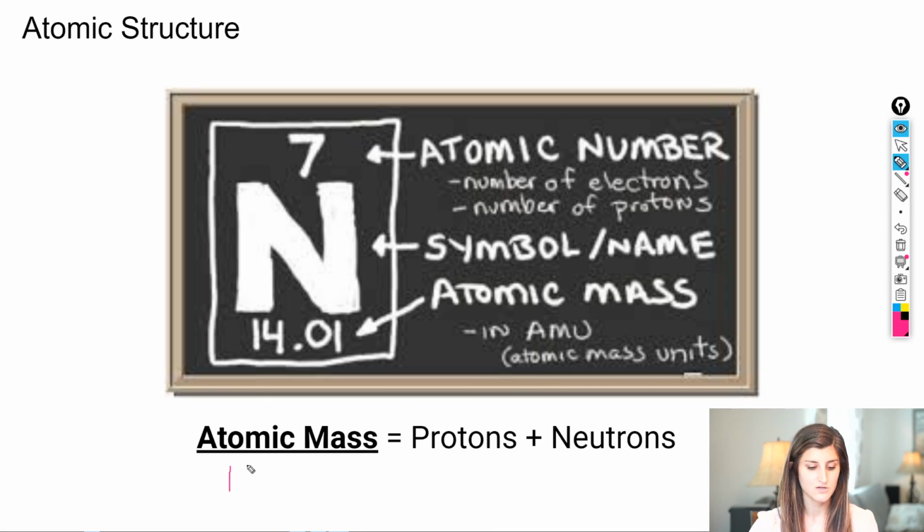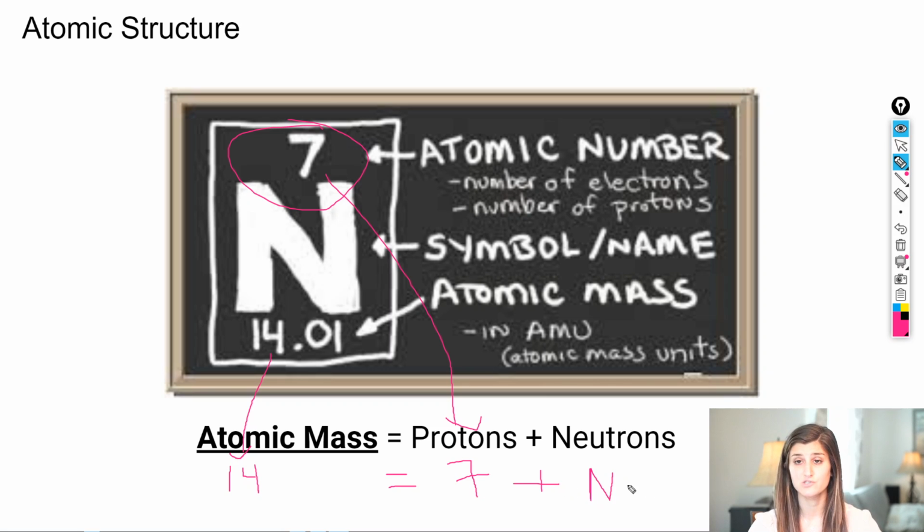The way you can do it is you take 14, which is my atomic mass, so I just brought that down here. That's the total atomic mass. Remember, it's equal to the number of protons. We know the number of protons is 7, right? So here we have 7 plus neutrons. Do we know the number of neutrons? It doesn't necessarily tell us in there, so we could just leave that as n. And then we just have to solve for n.